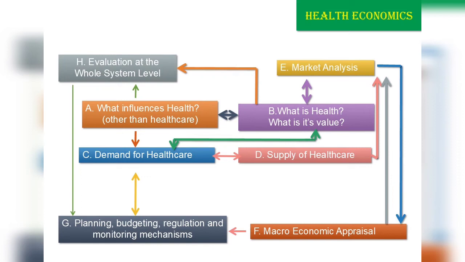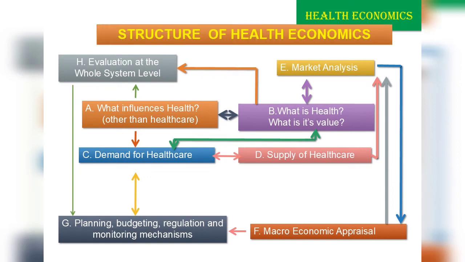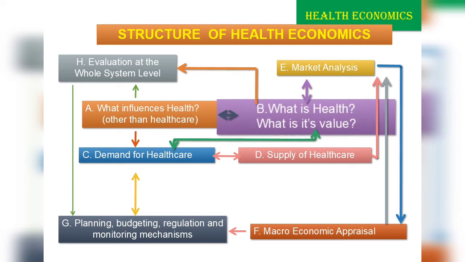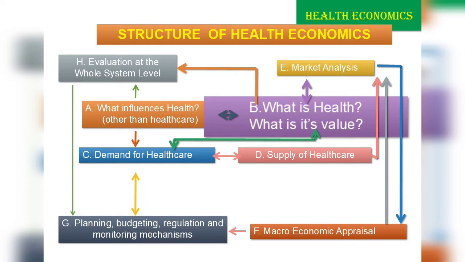The next concept is what is health and what is its value. This contains the conceptual foundation. It contains a multidisciplinary literature in which one finds economists, epidemiologists, operations researchers, psychologists, and sociologists, all working and sometimes even working together.